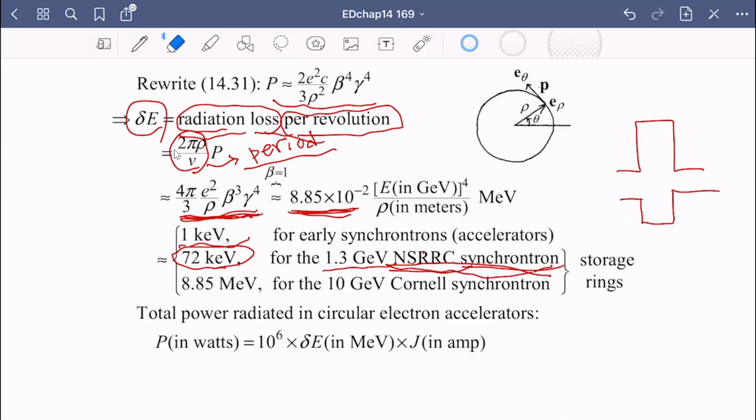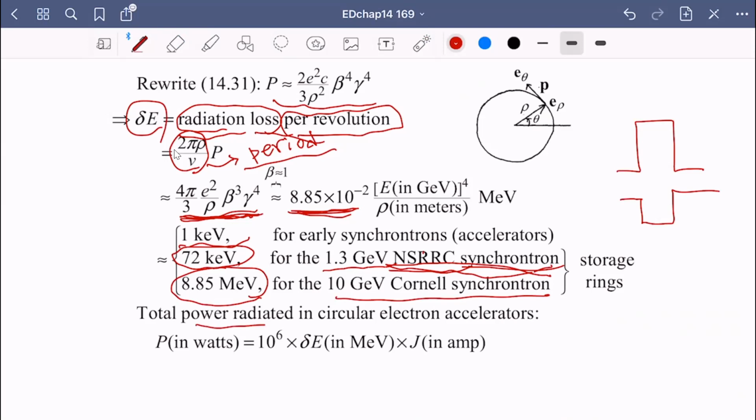And for a 10 GeV Cornell synchrotron, one revolution will lose 8.9 MeV. Huge energy, huge. It also depends on current.